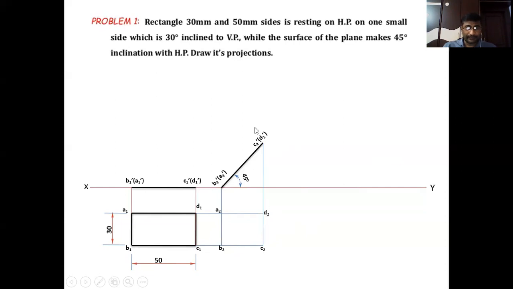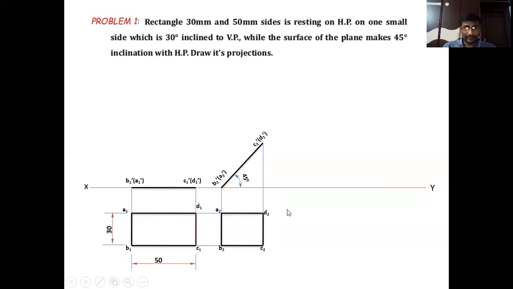Similarly, D2: the D2 dash projector intersects with the one from D1, and that intersection point is taken as D2. This is the second stage top view. Clear? After getting these 4 points, join the points in order with a dark pencil. Draw A2 B2 with a dark pencil, then join B2 C2, C2 D2, and finally A2 D2.